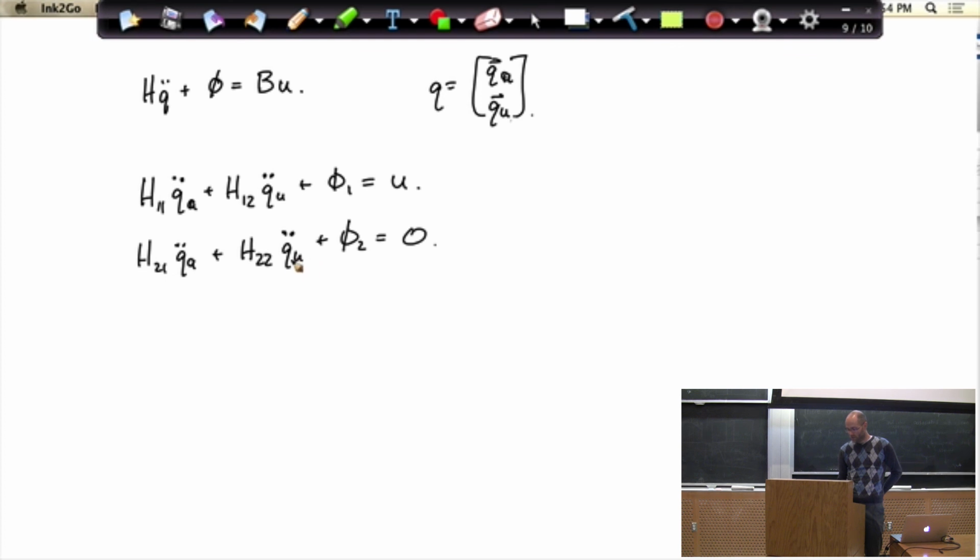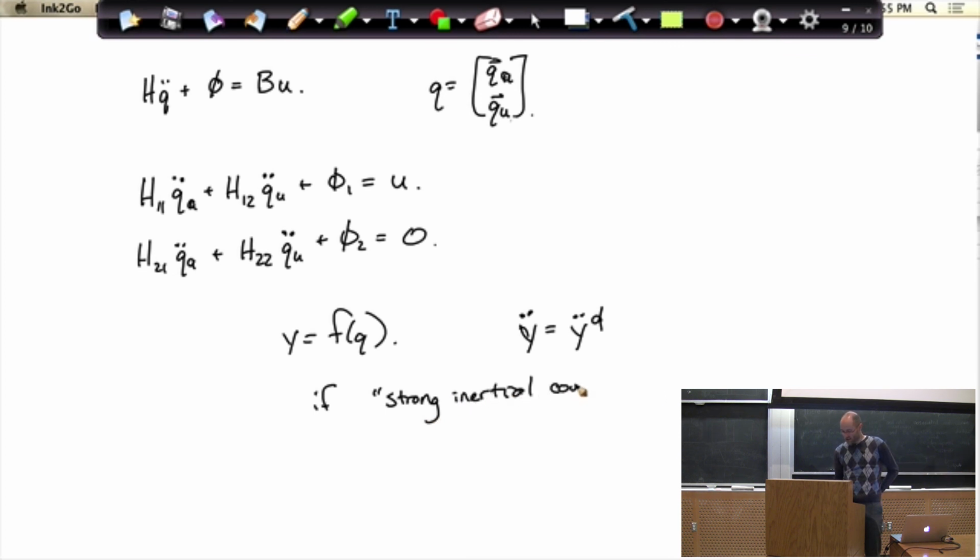And in general, I can pick some subset of the equations. So if I say that y is some f of q, if I have some function of my output that I'd like to command, I can set y double dot to be some y double dot desired if I have strong inertial coupling, as it's called, between my desired outputs and my control inputs.